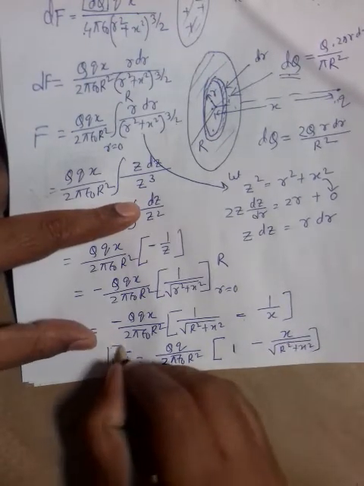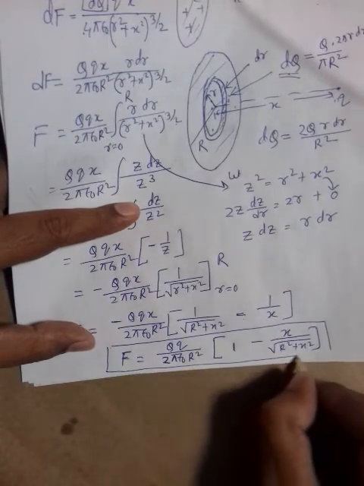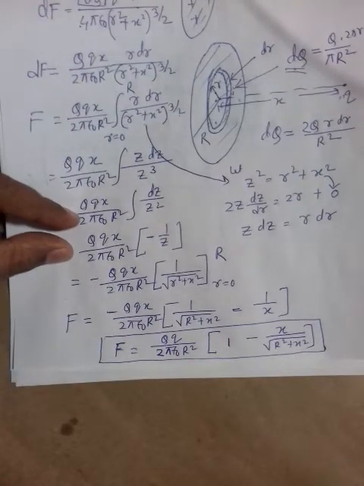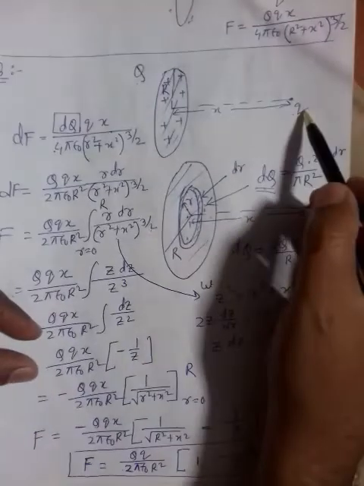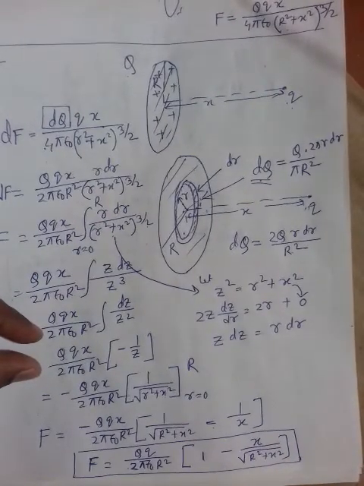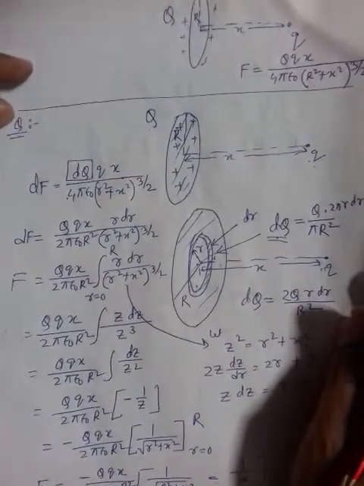So this equation gives us the force acting on a point charge small q due to a disc. I hope there is no difficulty in that. At the time of doing the calculation, there is no ready-made formula for discs. So I am repeating what was done.